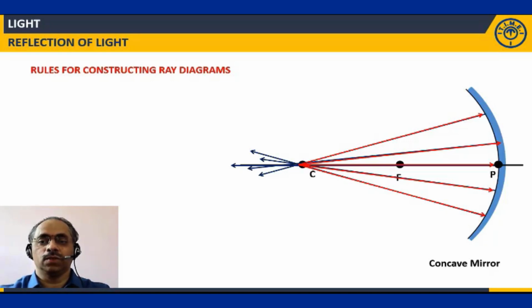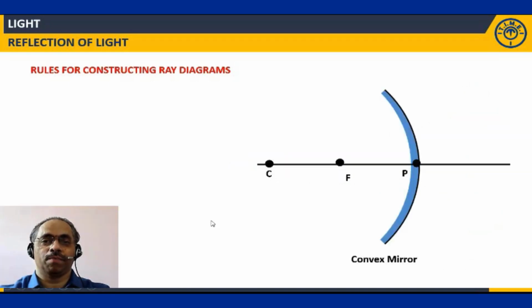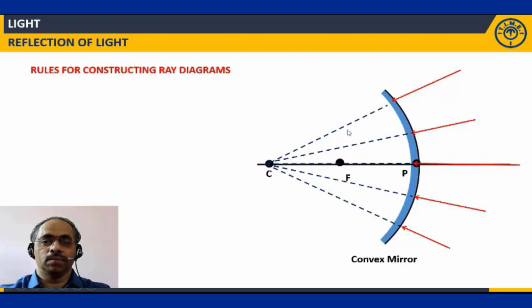Clear? So now what is happening? When I have a divergent beam of light rays from the center of curvature incident on the concave mirror, they retrace their path. Let us now look at the similar case for a convex mirror. Now I should have the light rays directed towards the center of curvature, not to the focus. So let us draw them, produce them ahead so that they will meet at the center of curvature.